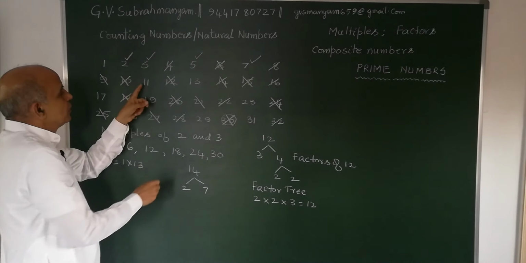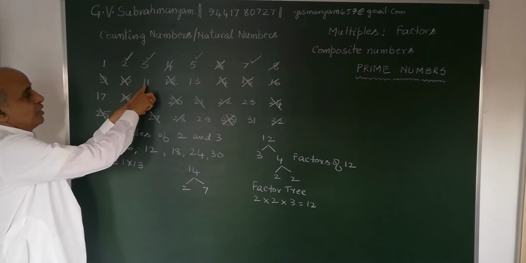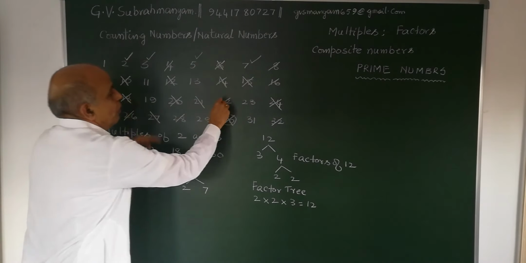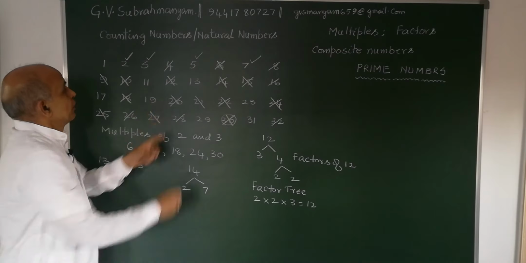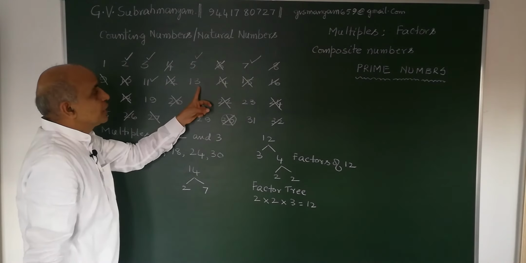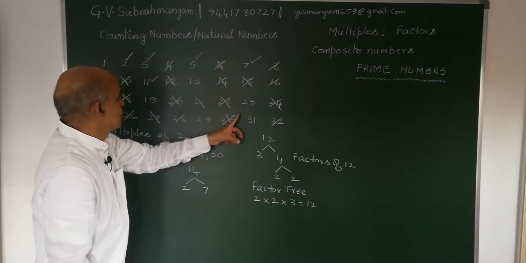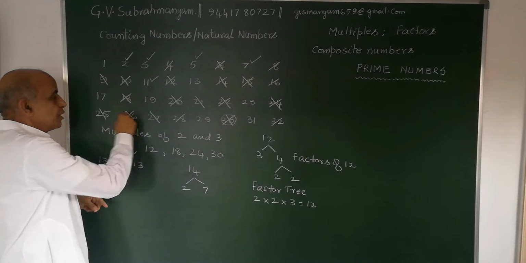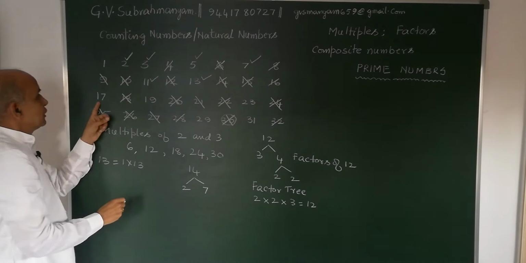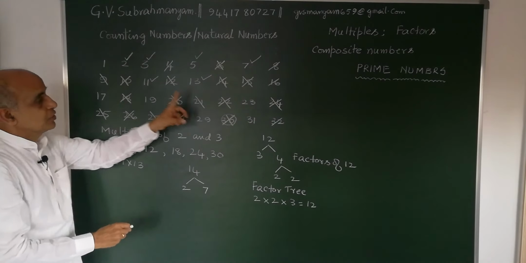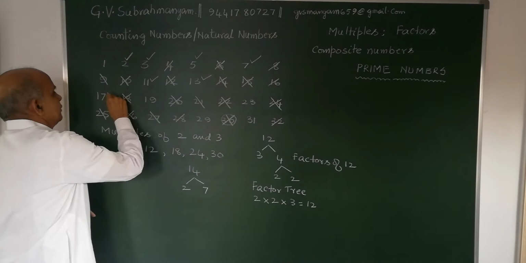Then 11. So what are the multiples of 11? 11 2s are 22, already cut, which is a multiple of 2 also. Then if you take 13, 13 2s are 26, already a multiple of 2. Then 17, 17 2s are 34, which is not here.